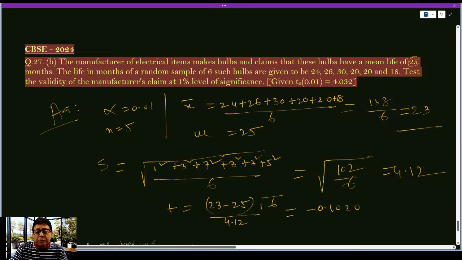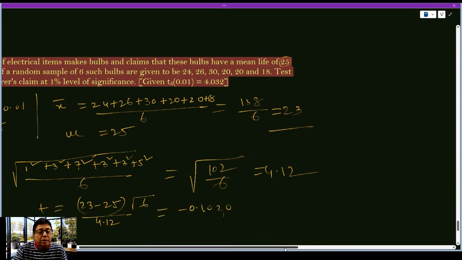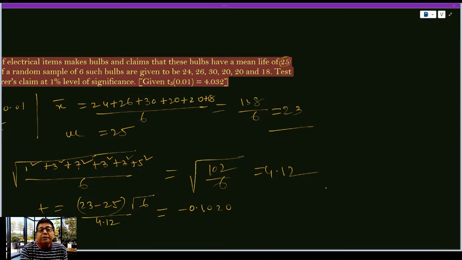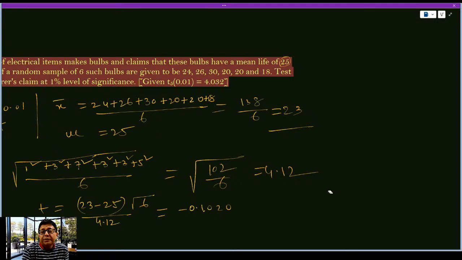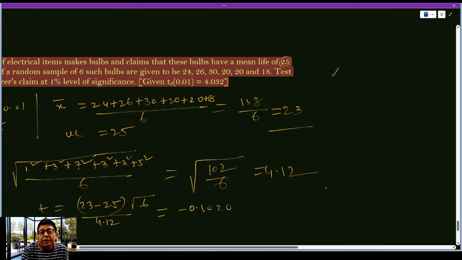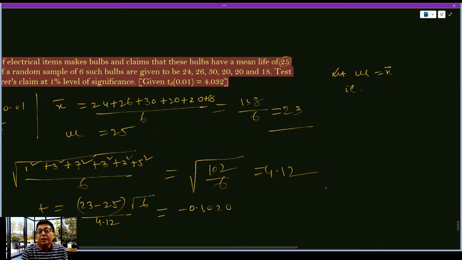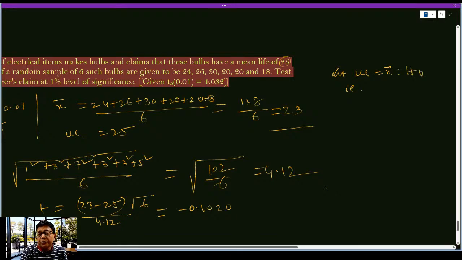Okay, now what will be your conclusion? The null hypothesis we have considered? No, we have not considered. Mu 0 equal to mu equal to x bar, which we have assumed. Let mu equal to x bar, assume that this is H0. Mu not equal to x bar, this is HA.